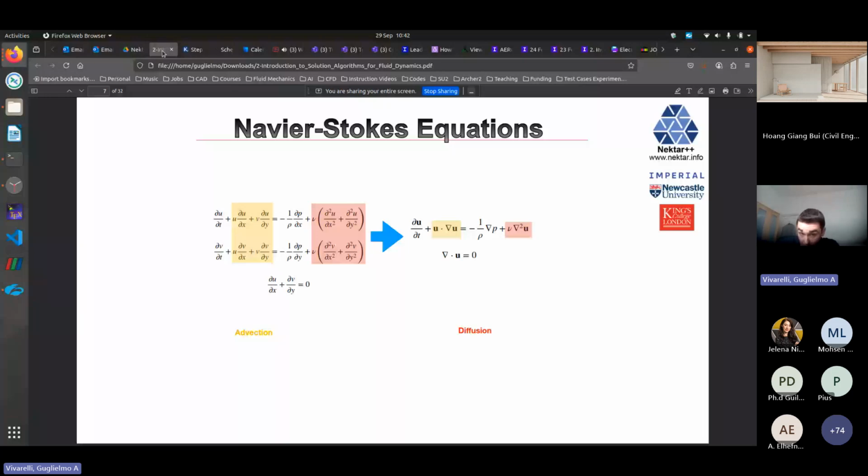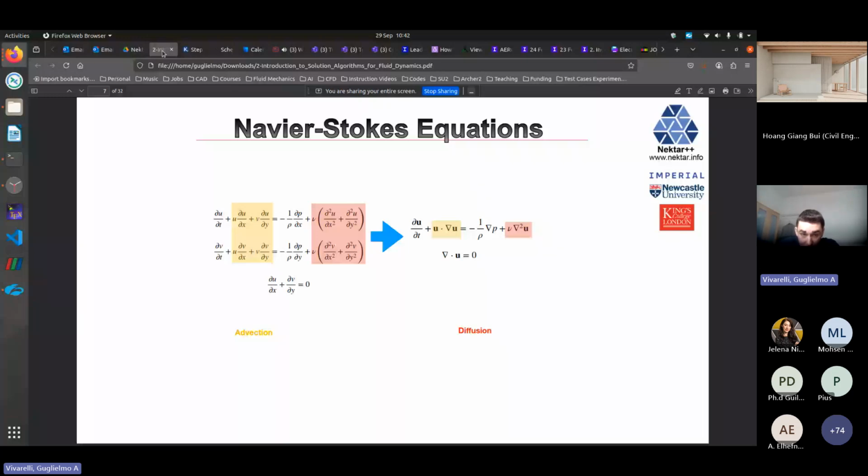Now, in shorthand notation, of course, you've got U represented as a vector of UVW if it's 3D, or in 2D of UV in this case. But the main point is that the divergence is going to be 0. This is the characteristic of incompressible flows, which makes things like inflow turbulence techniques rather complicated.